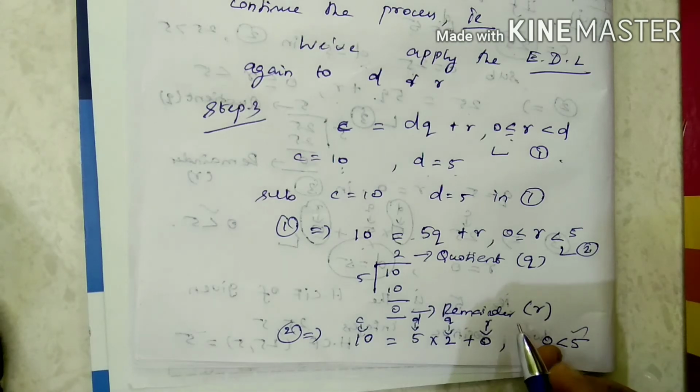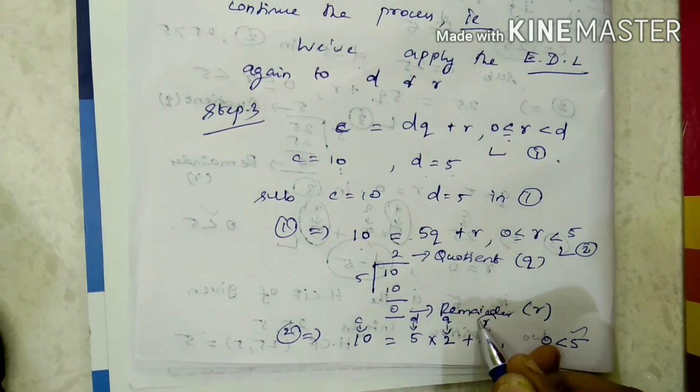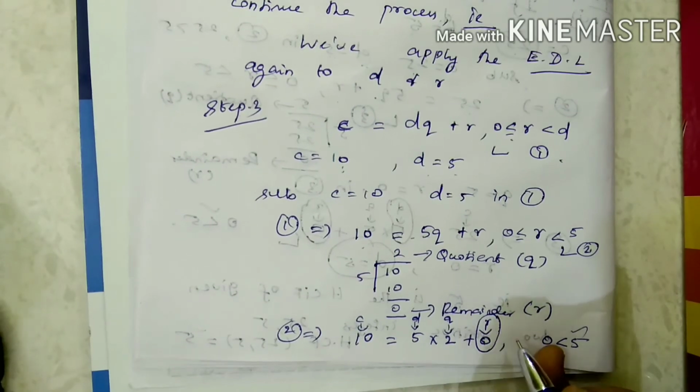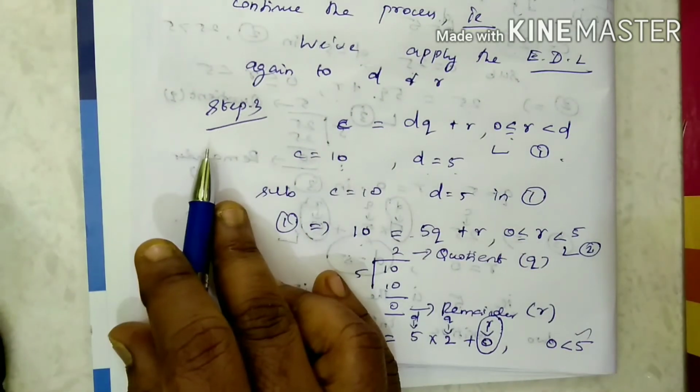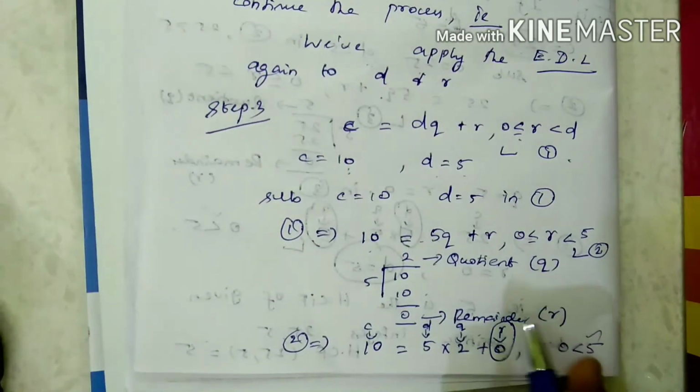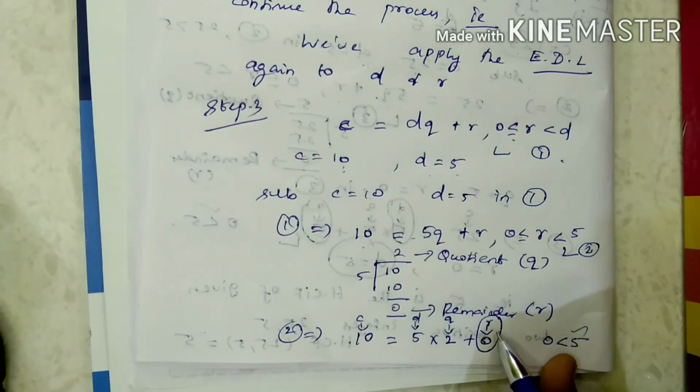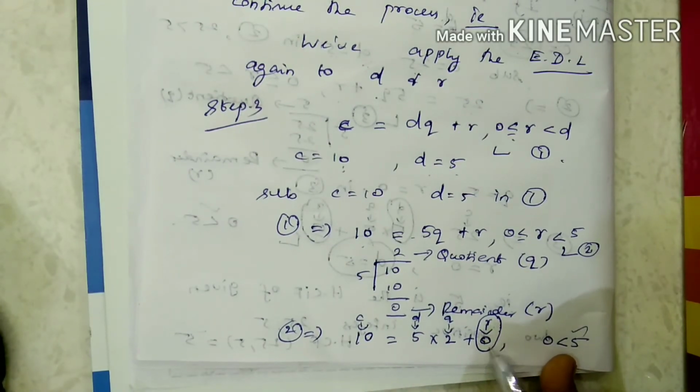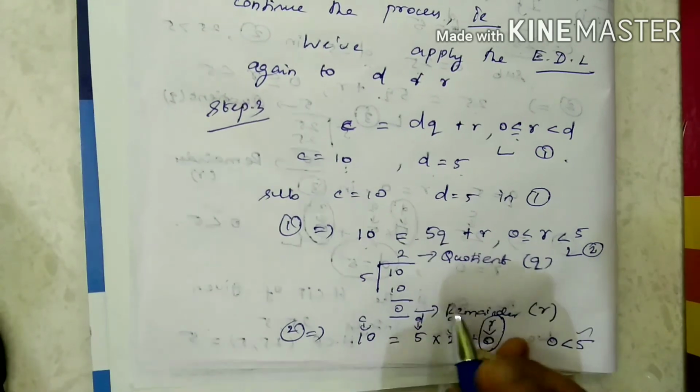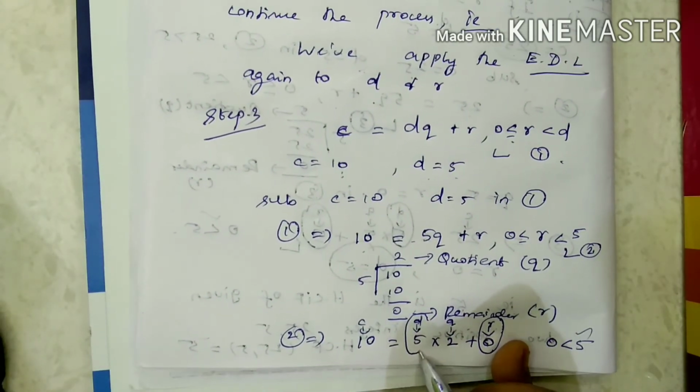Now at this stage our remainder r becomes 0, so we can stop the process. Till the remainder r becomes 0, we have to continue the process. That is our step 3. So at this stage, what is our divisor in our equation?